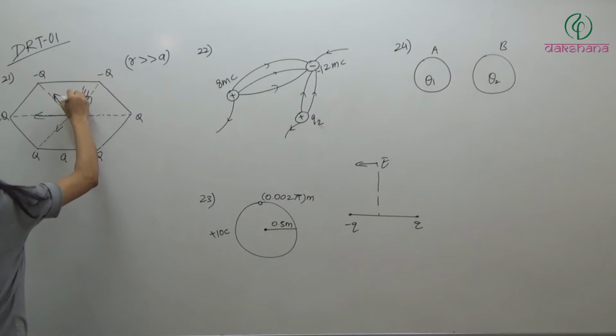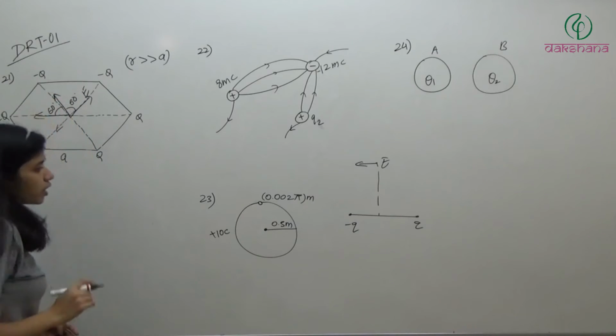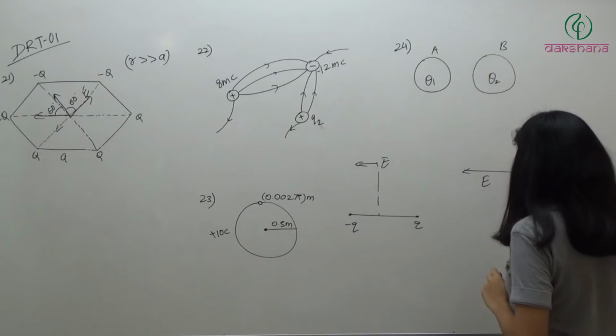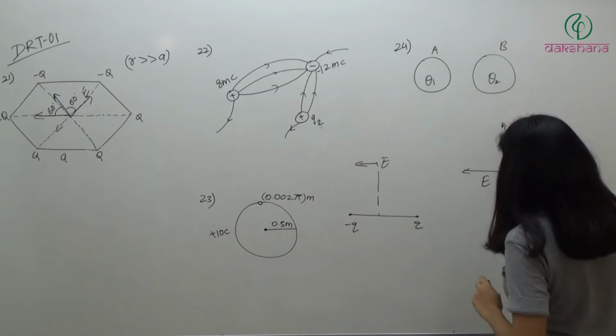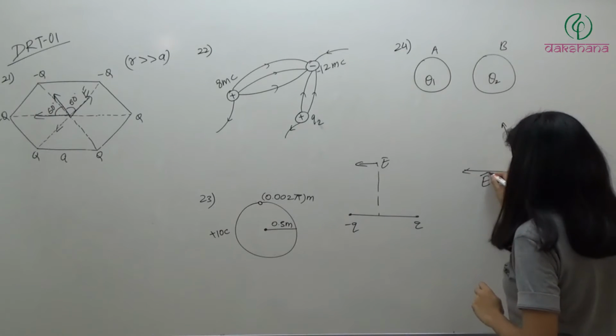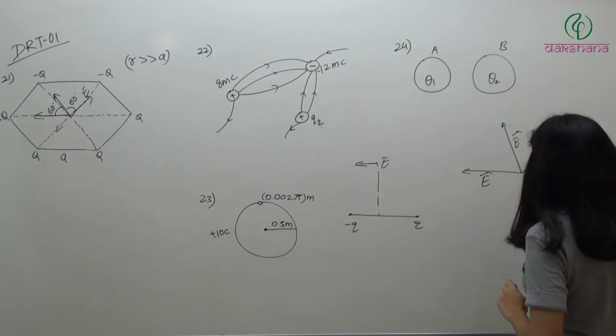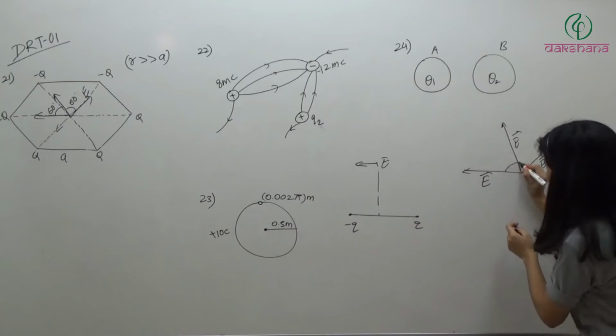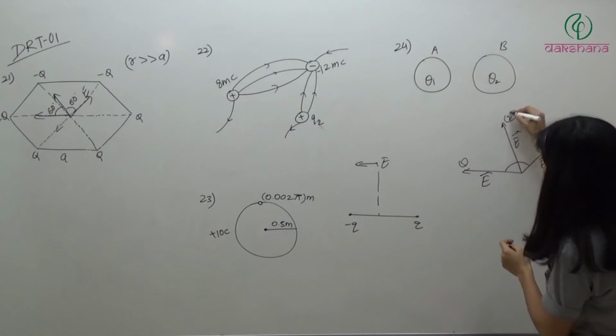Now this is 60, this is 60. Clear? So we have 3 vectors, E, then at 60 degrees again E, and at 60 degrees again E. These are 1, 2 and 3.